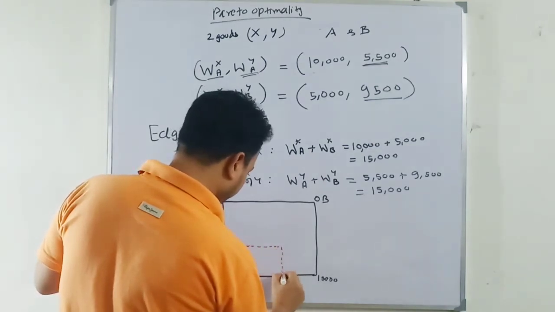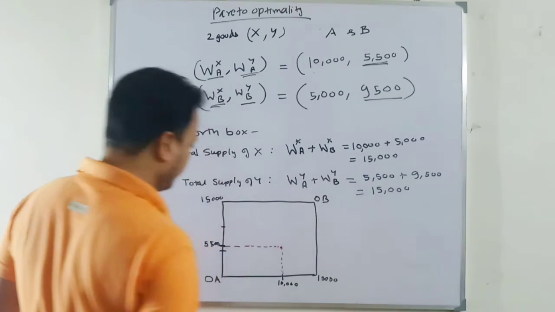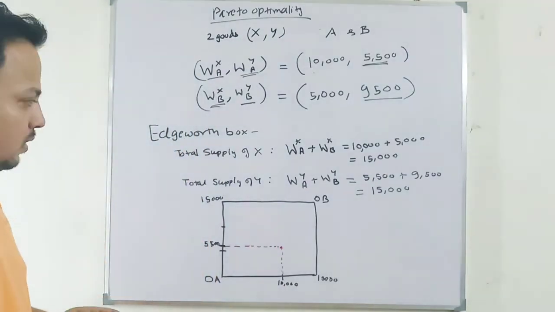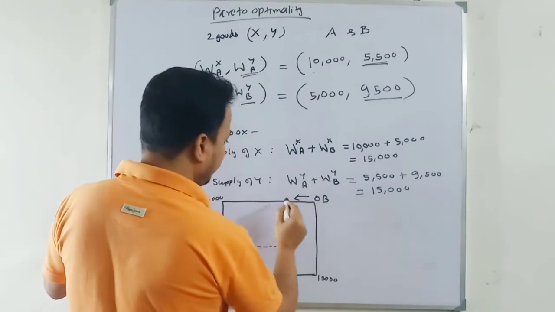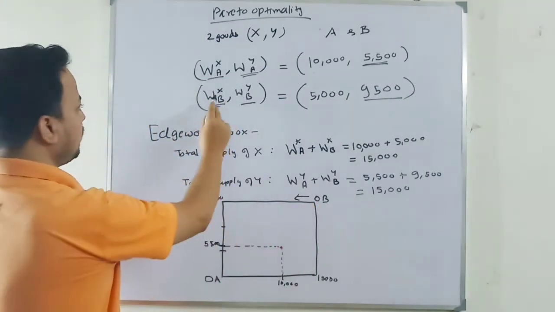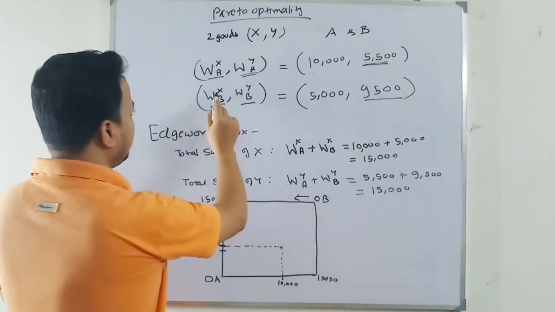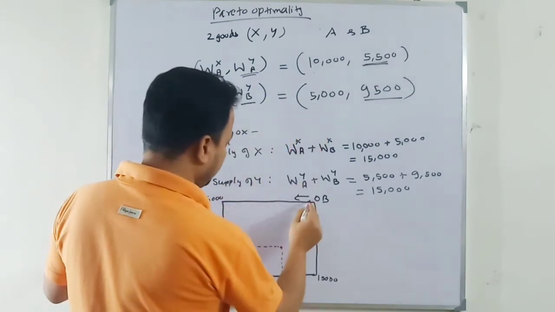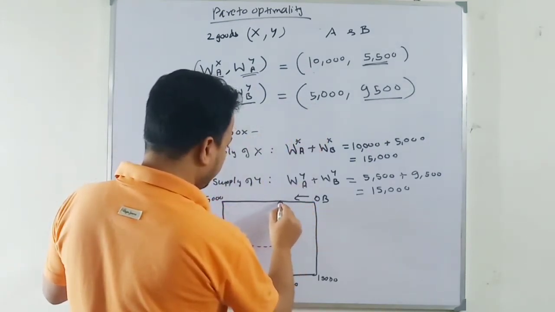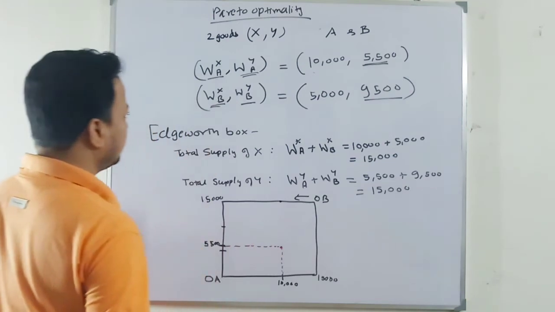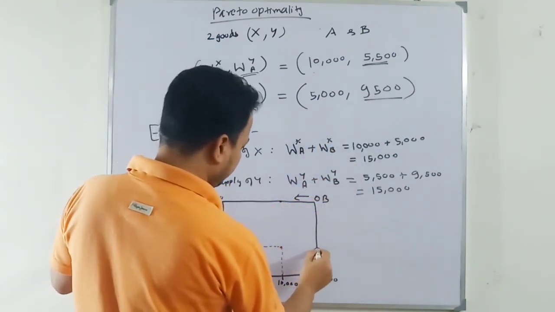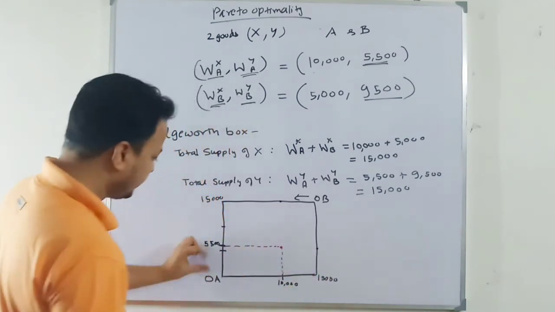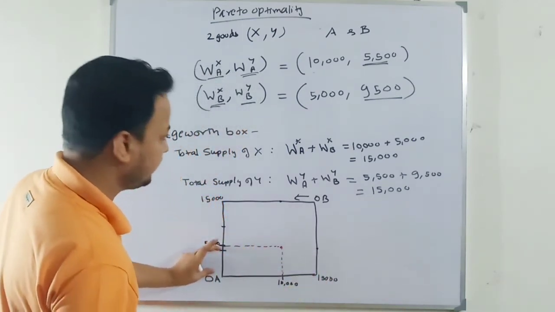I get this point here. I will read the X axis for consumer B on this side. What is the endowment of consumer B of good X? 5,000. This much is 5,000. And he has 9,500 of good Y. This is 9,500 because this distance is 5,500.